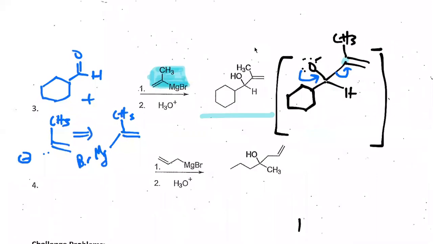We did this one down in the other a second ago. Yeah, we did that one, but I think on the last one it was on a secondary carbon, but on this one it's tertiary, so you'll get a ketone.